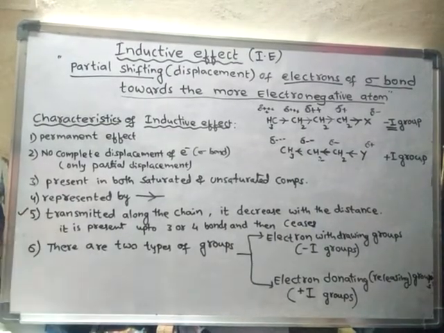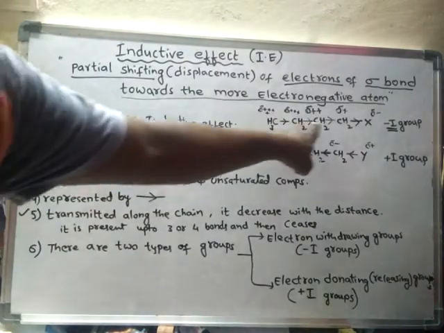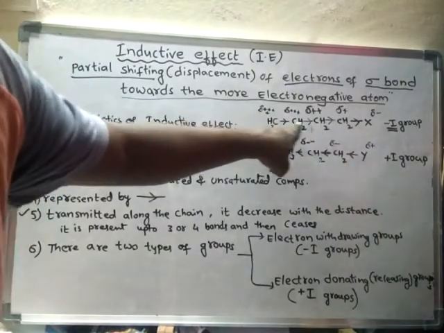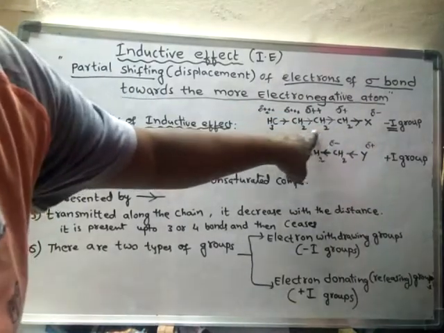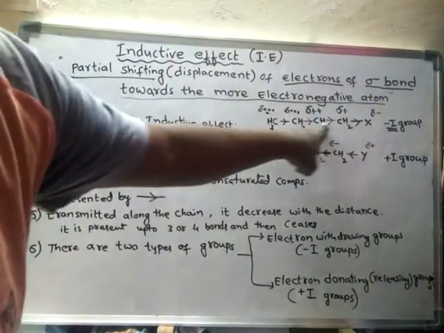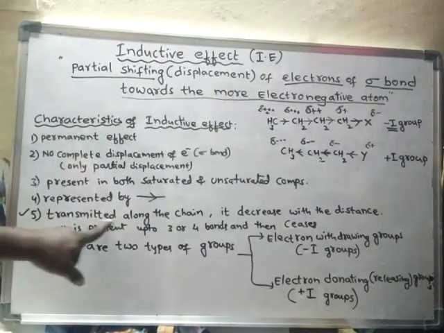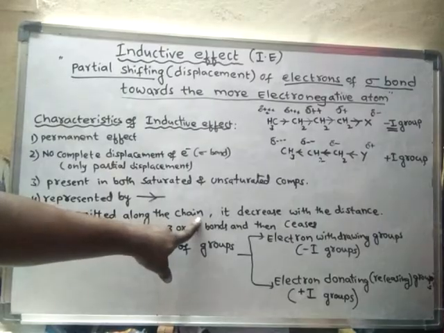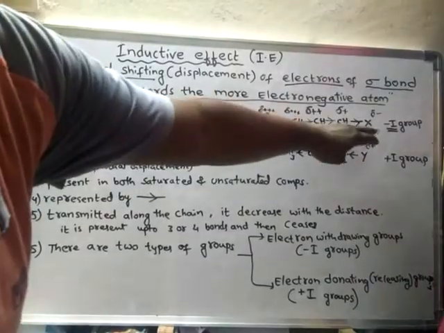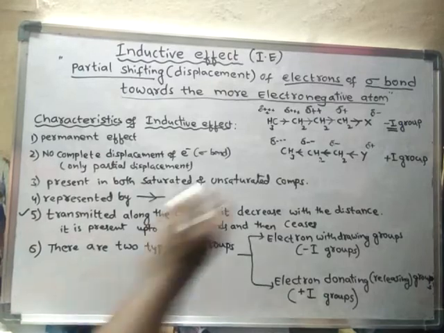Okay, next. The inductive effect is transmitted along the chain. Here the inductive effect is created, and as the distance from the created point increases, the inductive effect decreases. So the inductive effect is transmitted along the chain and decreases with distance.